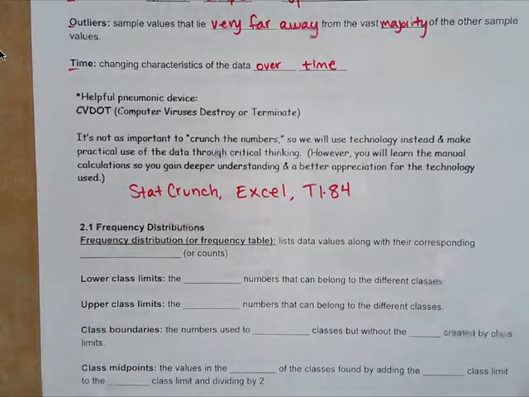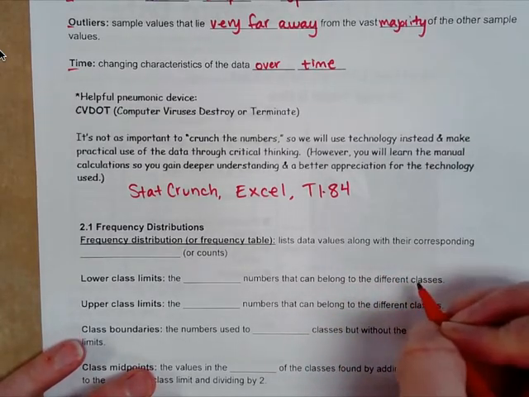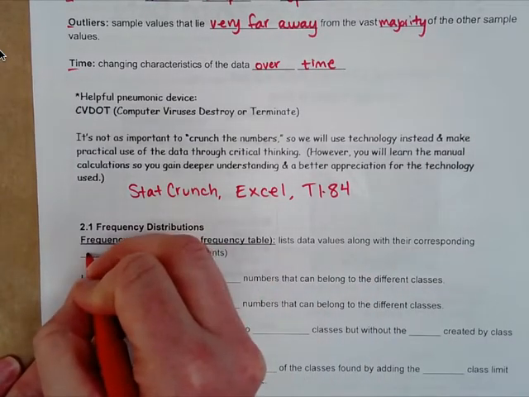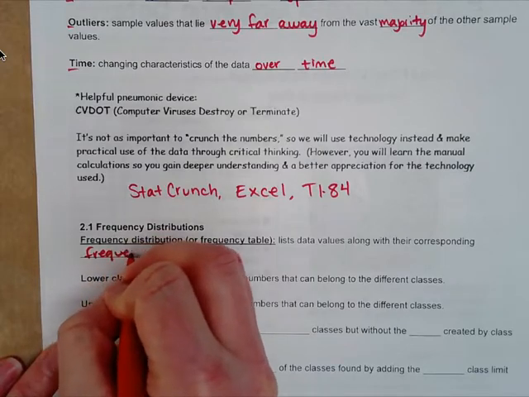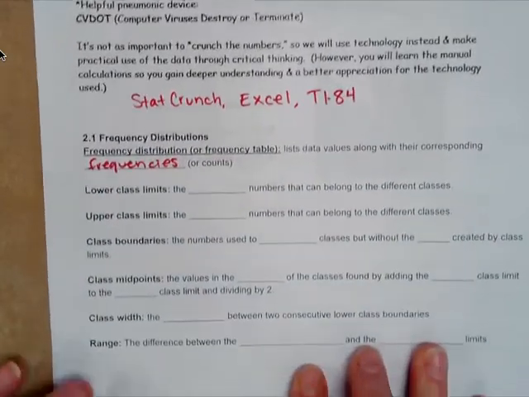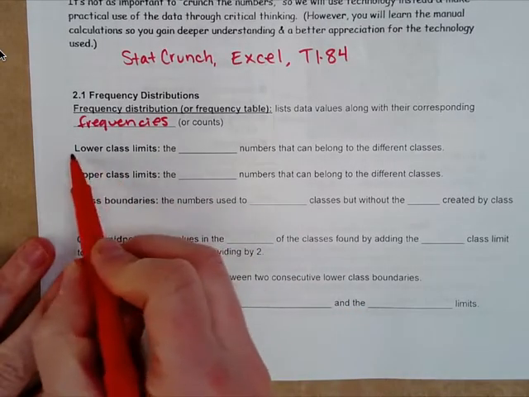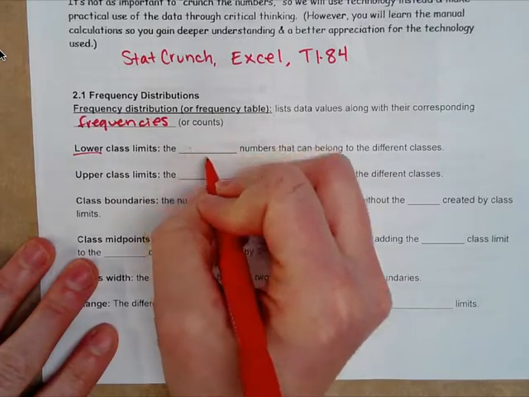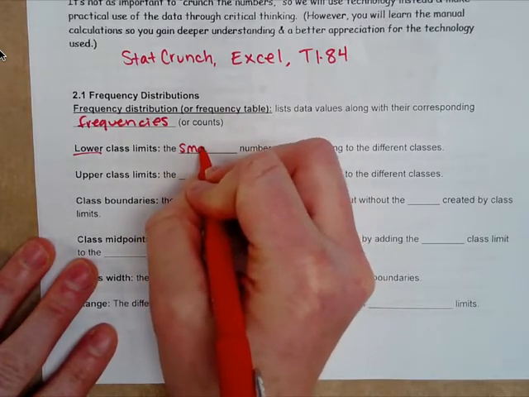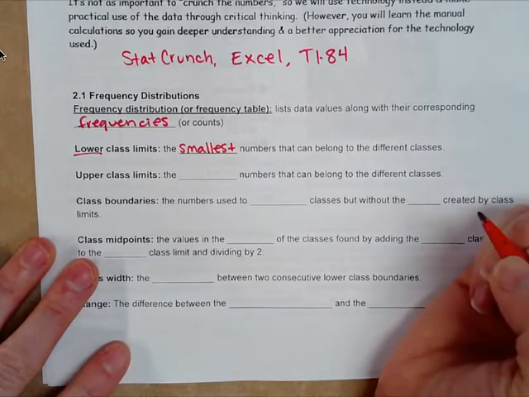So the first kind of graph we're going to look at is a frequency distribution, which is also called a frequency table. Lists data values along with their corresponding frequencies or counts. We have lower class limits, which are the smallest numbers that can belong to the different classes.